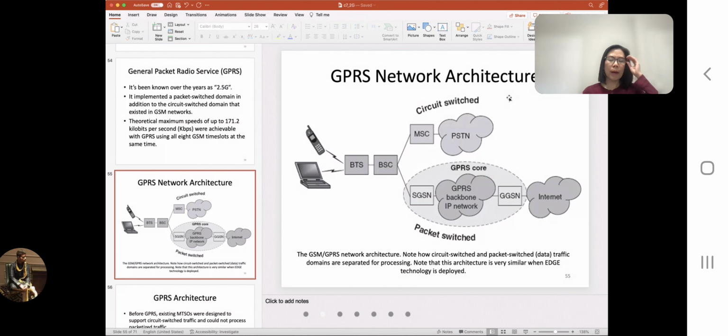Before packet switching, circuit switching. Do you know the definition of circuit switching? Just a yes or no on the chat window.